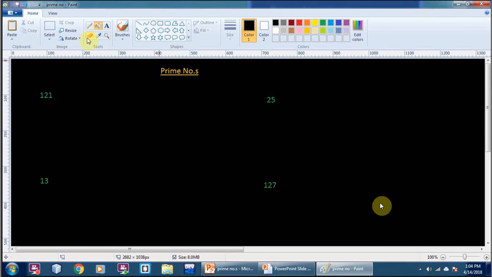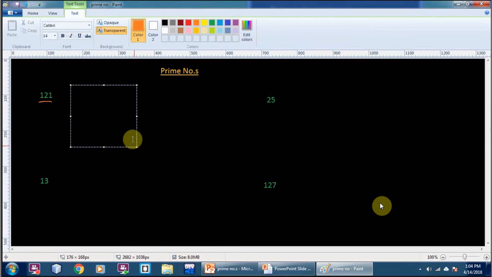Here we have to check whether this 121 is a prime number or not. To check whether 121 is a prime number or not, 1 and 121, that is 1 and the number itself, these are the factors of every number, so we are not checking this one.